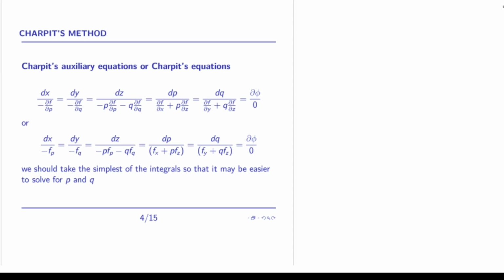Okay, so in simple form we can write dx/(−fp), where fp means ∂f/∂p, equal to dy/(−fq) equal to dz/(−pfp − qfq) equal to dp/(fx + pfz) equal to dq/(fy + qfz).